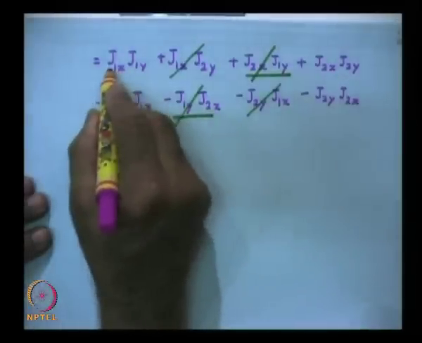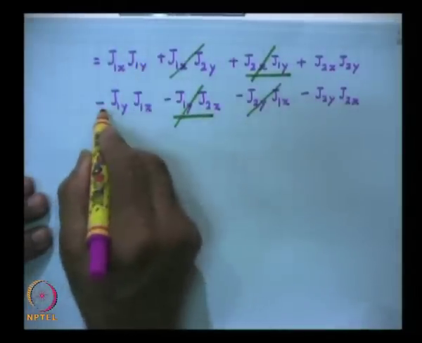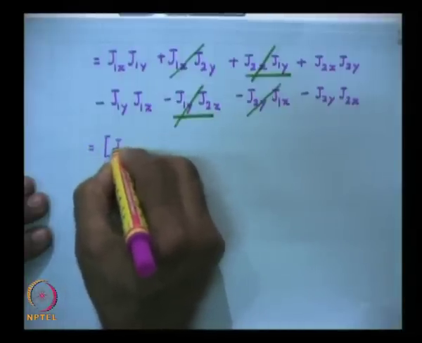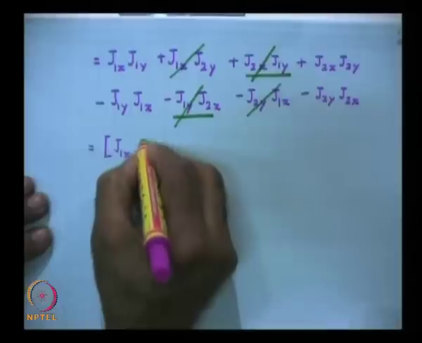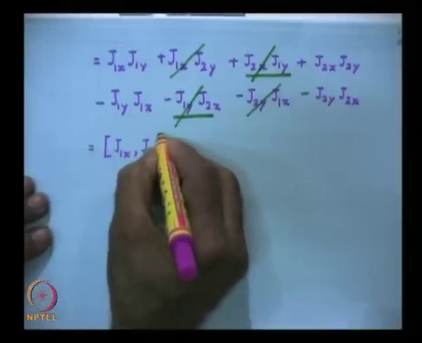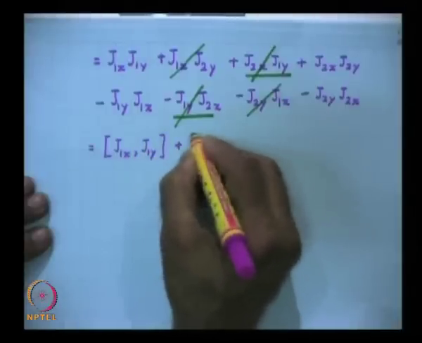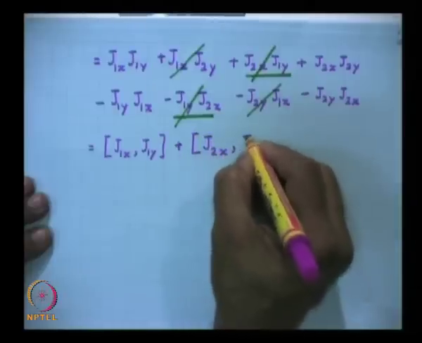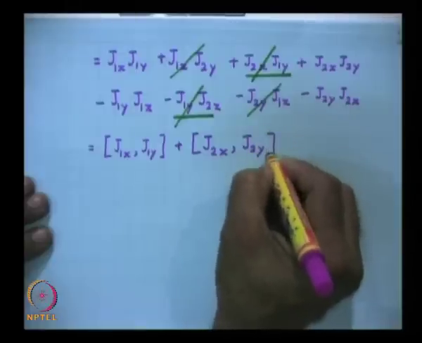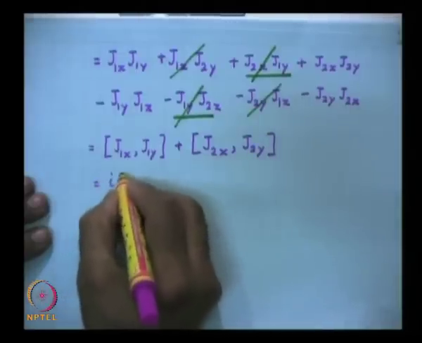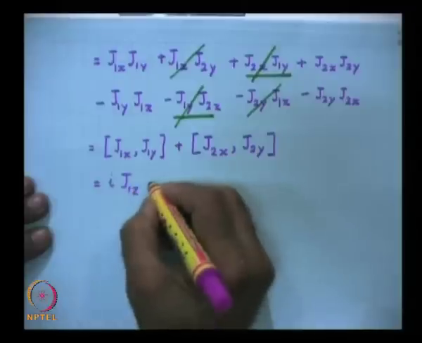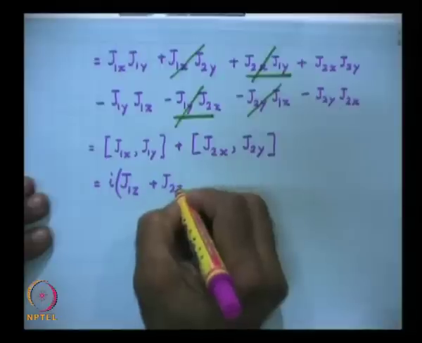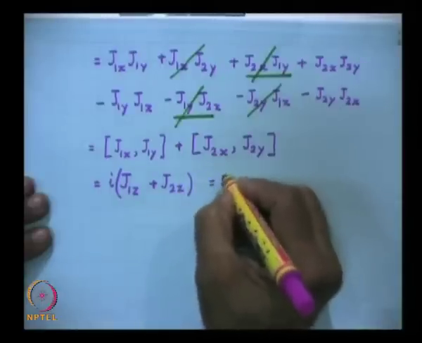This J1x J1y minus J1y J1x is the commutator of J1x comma J1y, plus the commutator of J2x comma J2y. So, this is i J1z plus i J2z. So, this is i Jz.